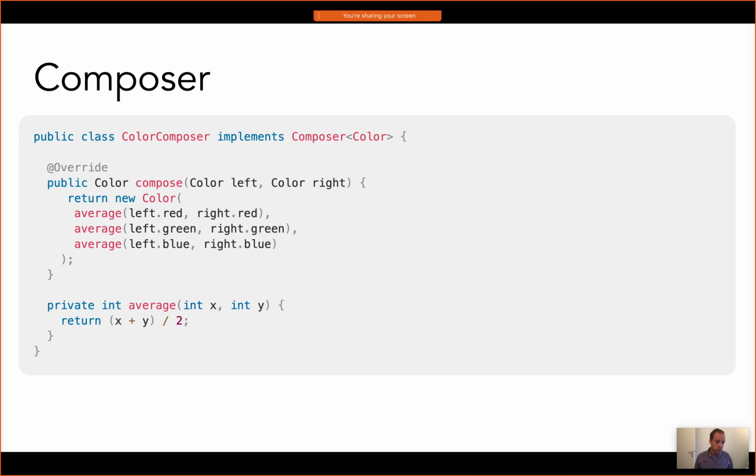But the composers look a bit different, right? In the Gang of Four's pattern, it's a really simple composer, and I compose two objects by creating a new subclass of the interface that I'm composing. In Eric Evans' example here, I just do the whole thing inline. And for very simple cases, such as mixing colors, I think it makes sense to do it like this, because there's no need to introduce a whole new subclass if you can just create a new object of the same type.